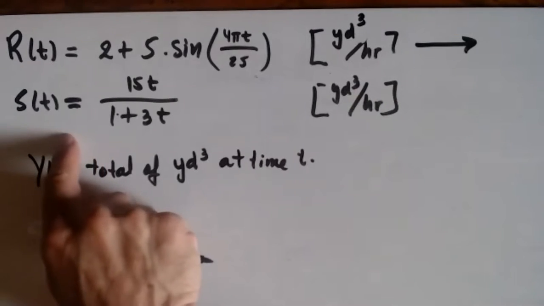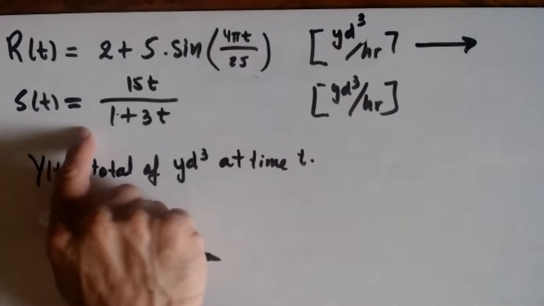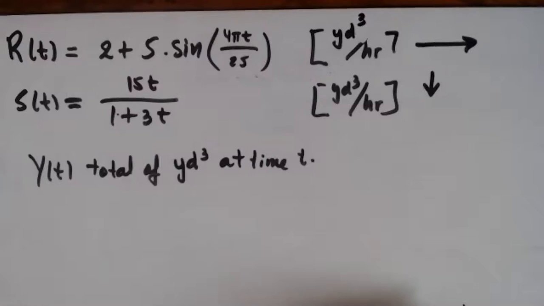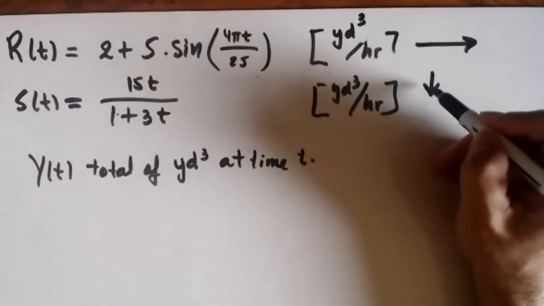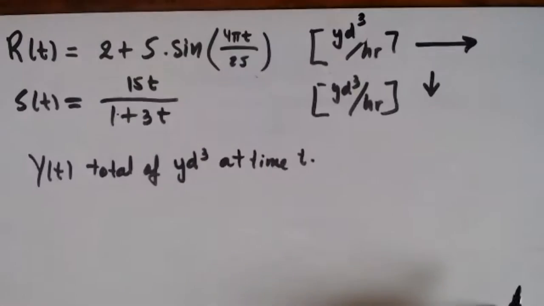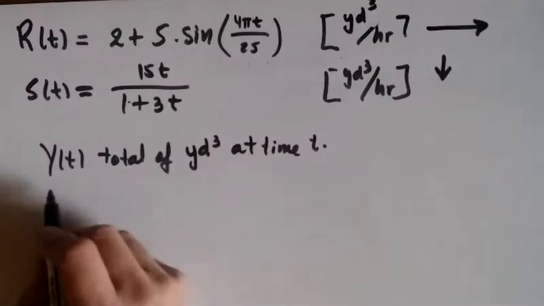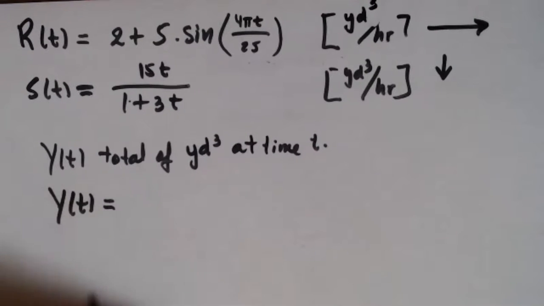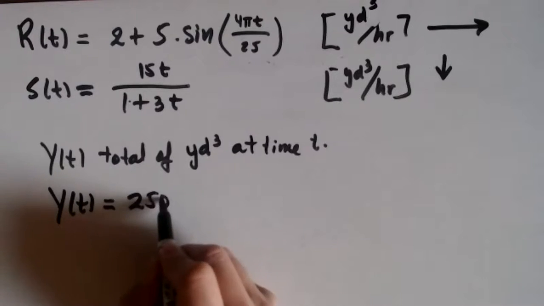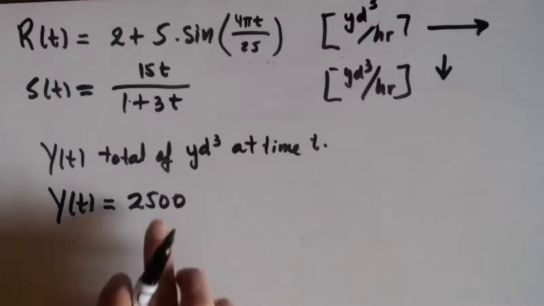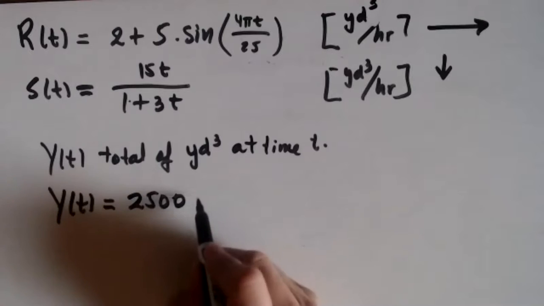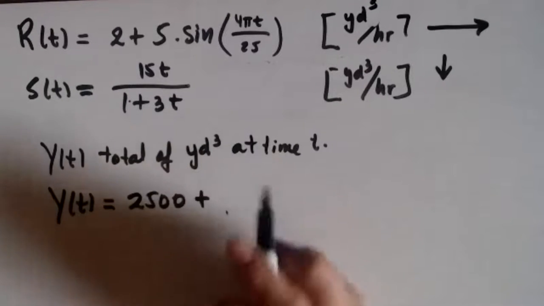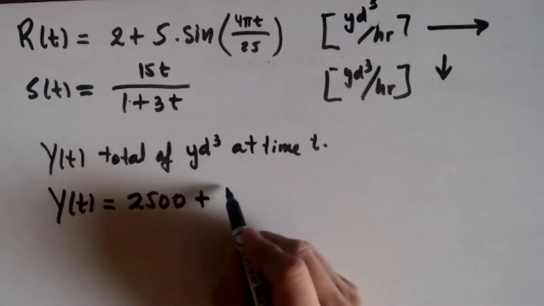This is a pumping thing that is pouring sand on the beach, so this adds. So simply, what is the total? Y of t is going to be, you had at the beginning 2,500 cubic yards, correct? Then you add s of t, the volume of s of t, right?